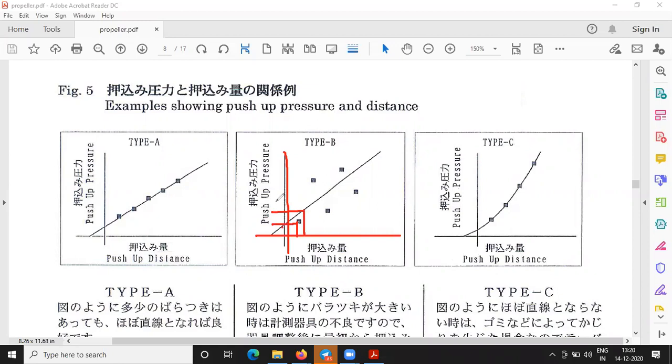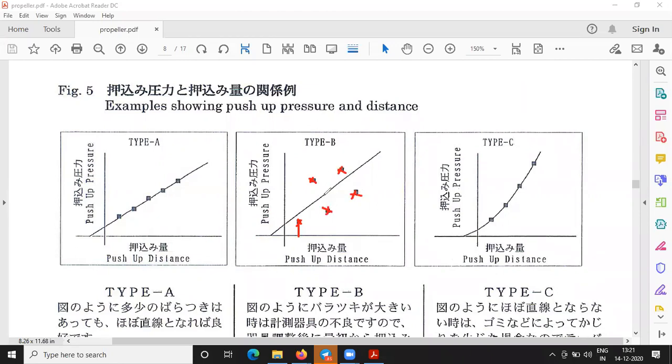Now again I increase the pressure, and the push-up distance I am getting is here. But according to this graph, this is the pressure given, and this is the distance. Next, to move the same distance, they have given double the pressure. Next, again, the irregularities are there.